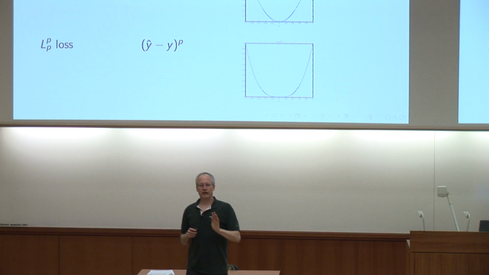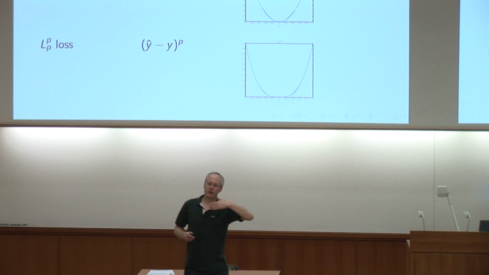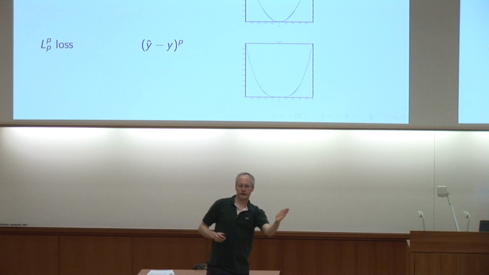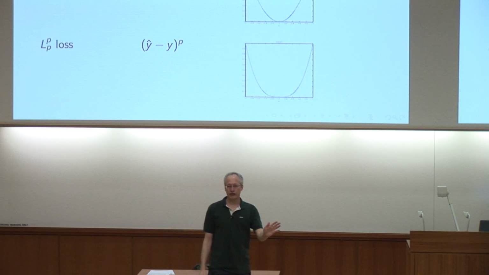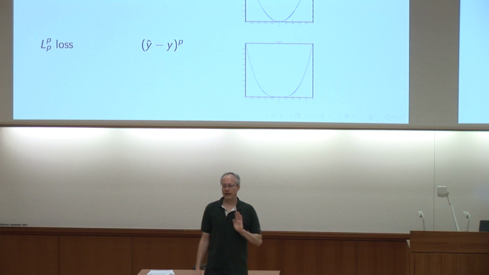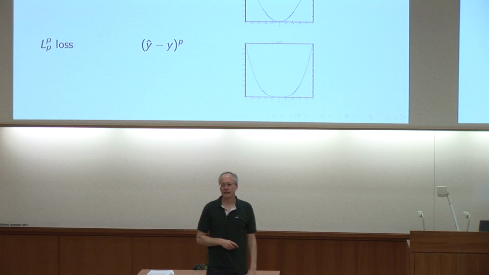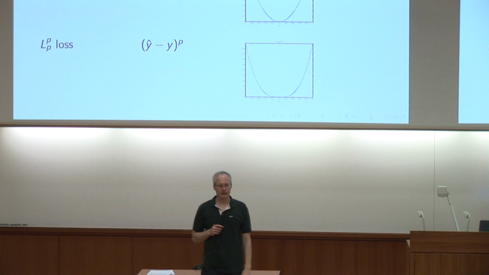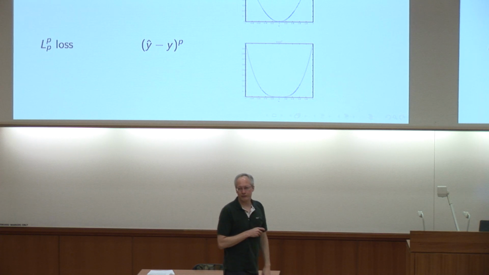Now, when you start looking at things in terms of p-norms, if you are interested in robustness, you'd really want to reduce p as far as possible. Well, it turns out that p equals 1 is as small as you can go and maintain convexity. Once you go below p equals 1, the loss function becomes more robust, but it's non-convex, and we're going to lose tractability. So this is usually your best compromise choice.